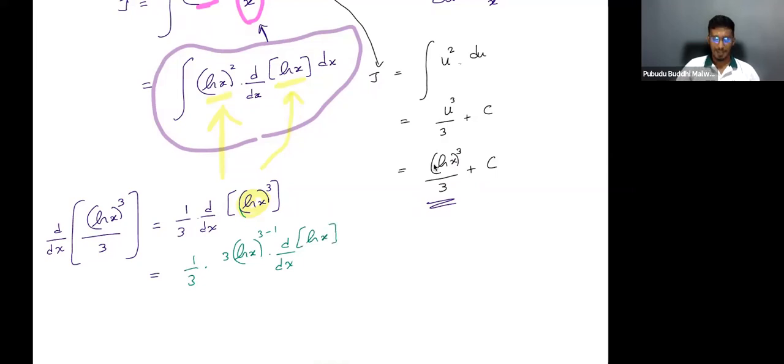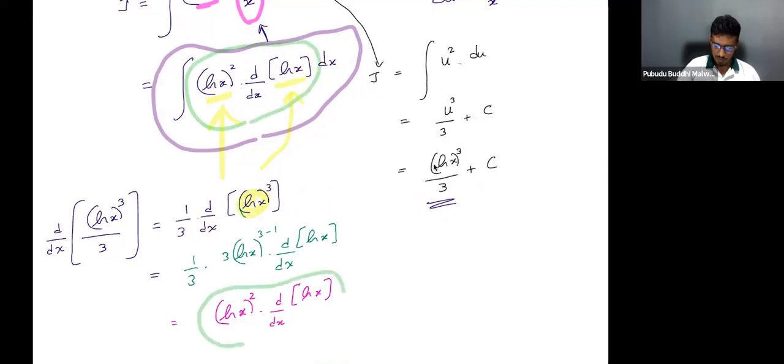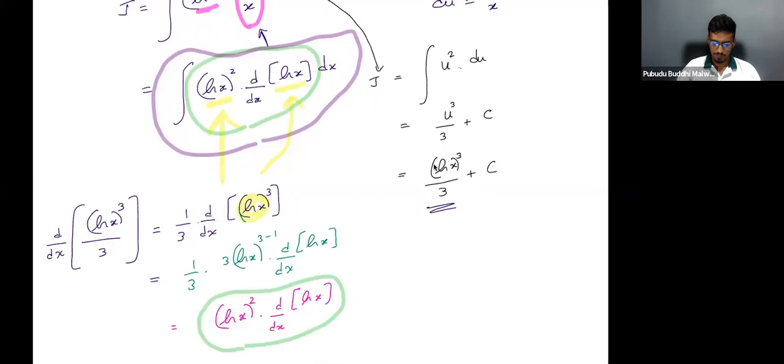Like this. Now 3 and 3 can cancel. Of course, we can simplify this slightly. Now, if you can observe these two, this part and this derivative, basically the same thing, right?